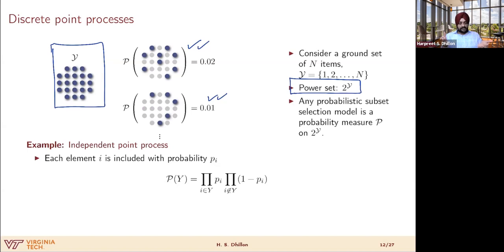Just to make ideas concrete and also to introduce the notation, if you have an independent point process, which means that the probability of selection of a given point is p_i independent of the others, then you can define the probability of a given subset, P(Y), as just the product of p_i's corresponding to the points that are lying in this subset Y, times the product of (1 minus p_i) for the points which are not included in the subset.